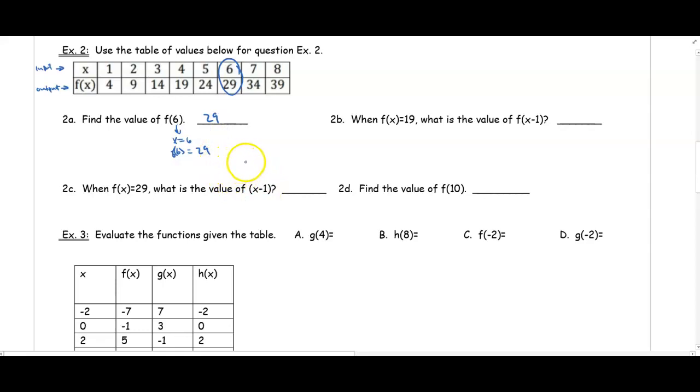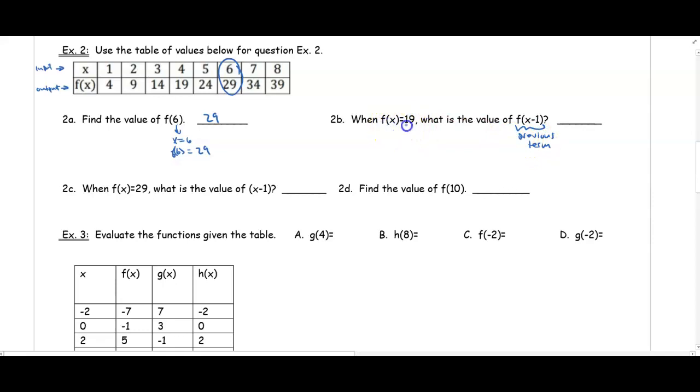Now, when f of x is equal to 19, what is the value of f of x minus 1? This is tricky, because they're looking for what we used to call the previous term.